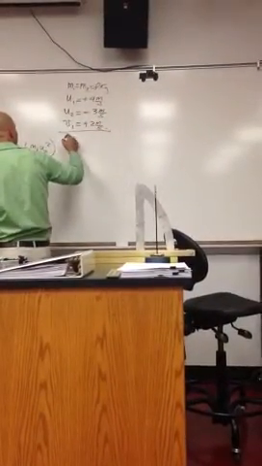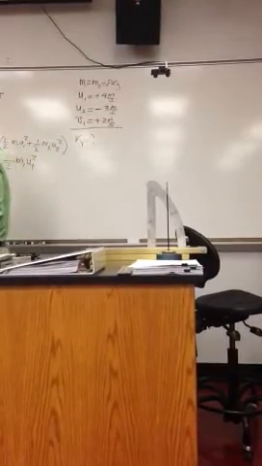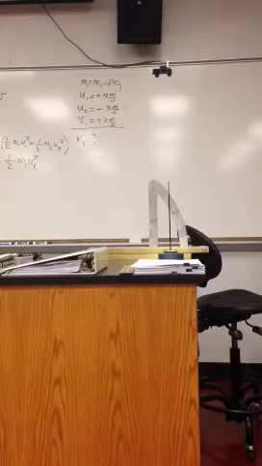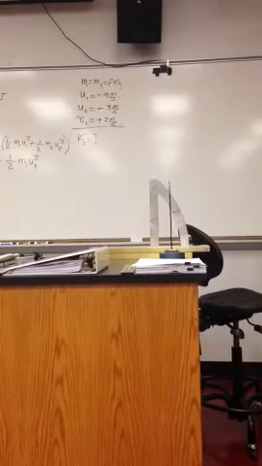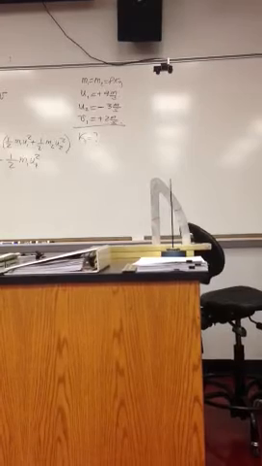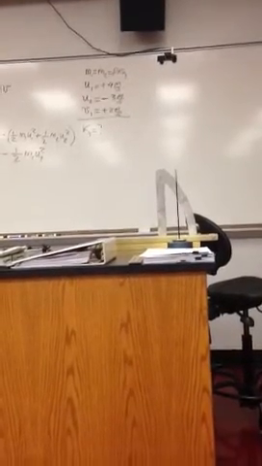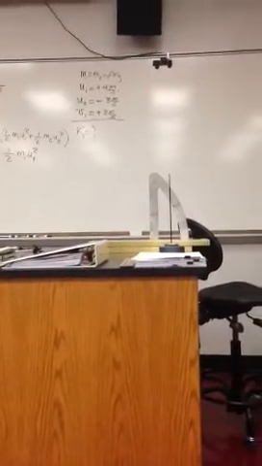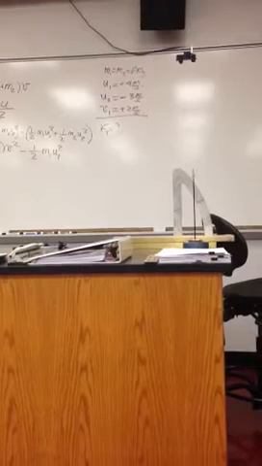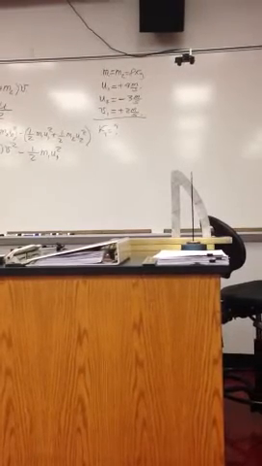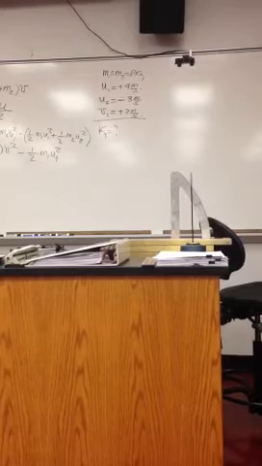So if you want to find the total kinetic energy, what do you need? What is the total kinetic energy of that system? What will be the formula? Kinetic energy is 1/2 m1 v1 squared plus 1/2 m2 v2 squared.